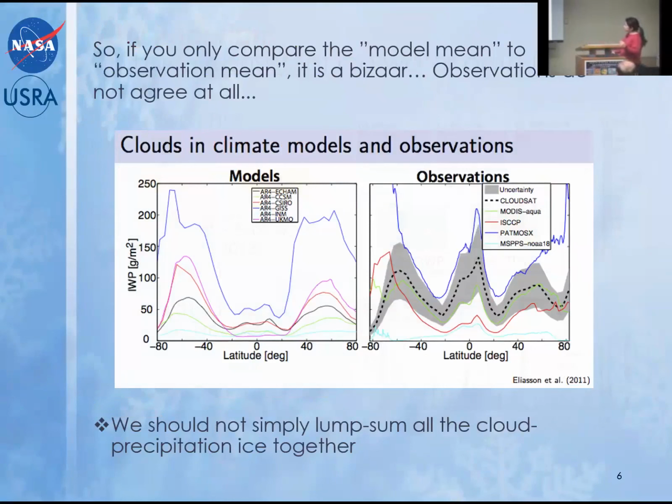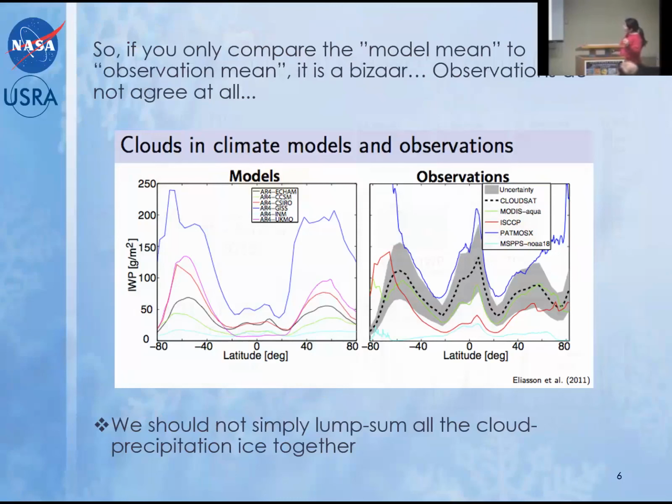You can see in the models it varies hugely, especially in the mid-latitudes and high latitudes. But in observations, does it look better? No, it does not look better. The observational spread is also huge here. Even for PATMOS-x, which is visible and infrared, it still gives you a very largely biased observation compared to CloudSat.